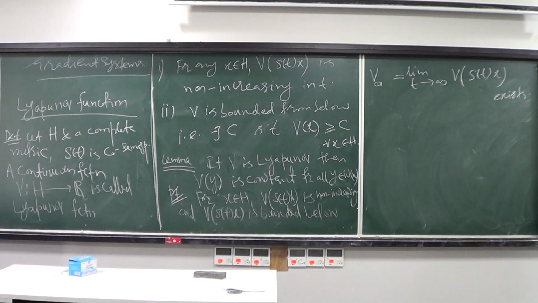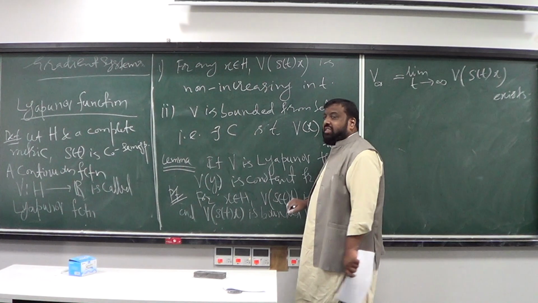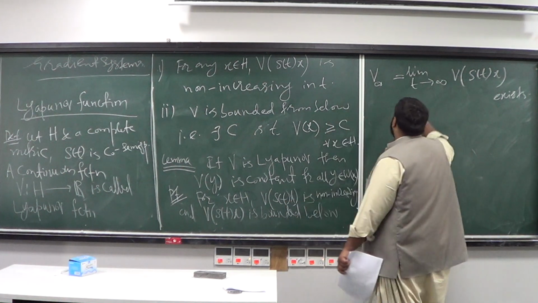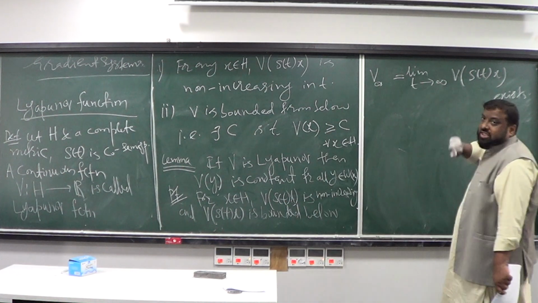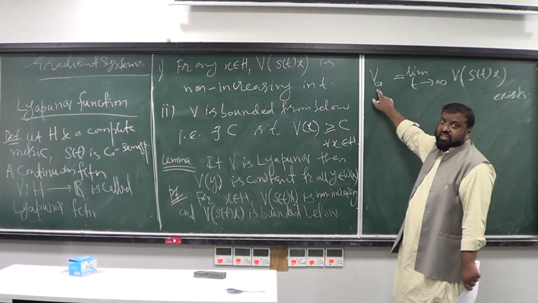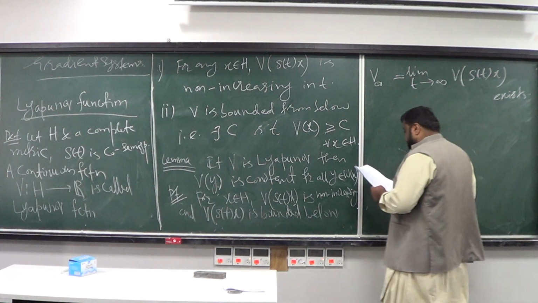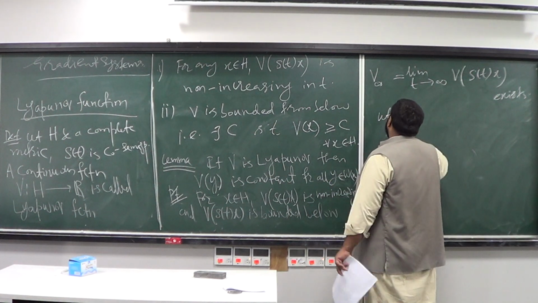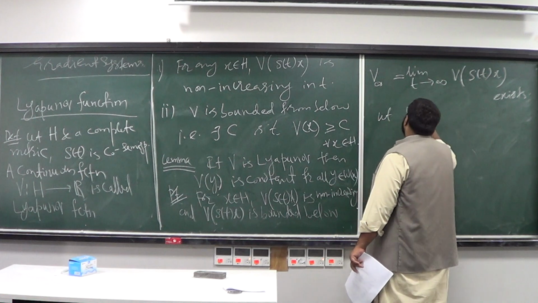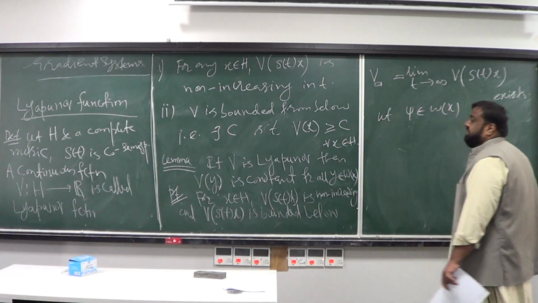Now I would like to show that if you pick an element psi from the omega limit set of x, your v must be constant and it should be equal to the value v infinity. So now let's take, say, psi from omega of x.